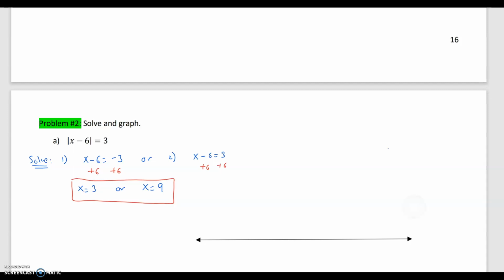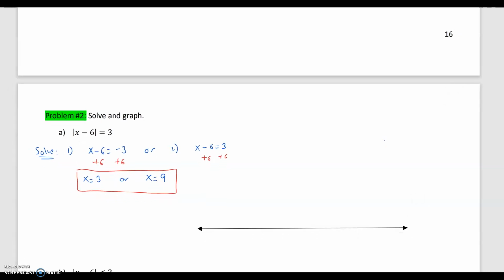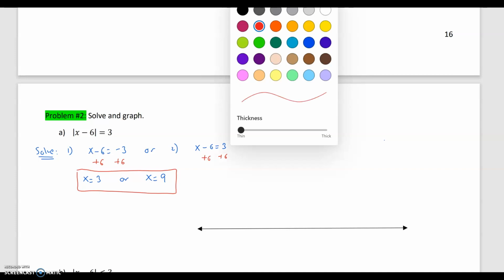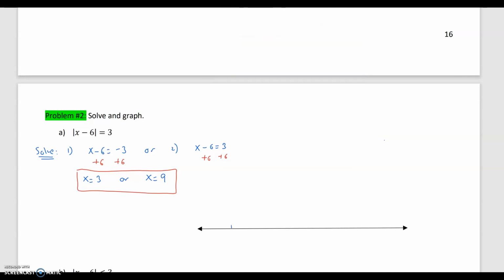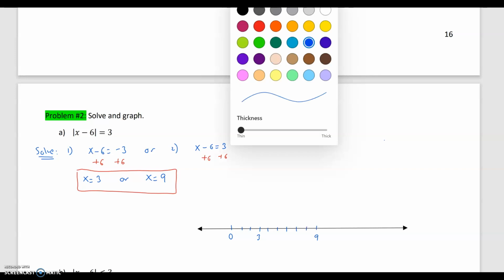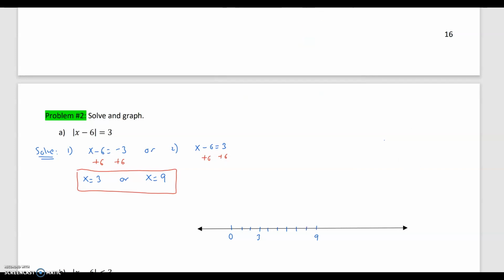And that's actually it for the solution. They do want us to graph it, so I'm just going to put 0 there, not to scale. So I'm leaving it as 0, 1, 2, and 3, 4, 5, 6, 7, 8, and 9. Now our solution is just going to be technically two values, in this case the 3 and the 9.